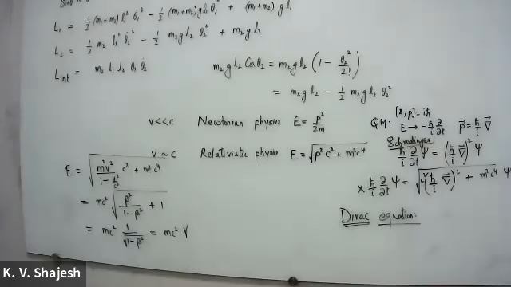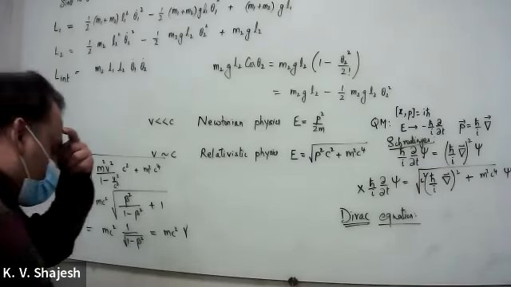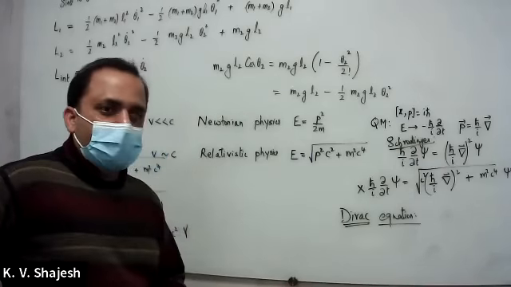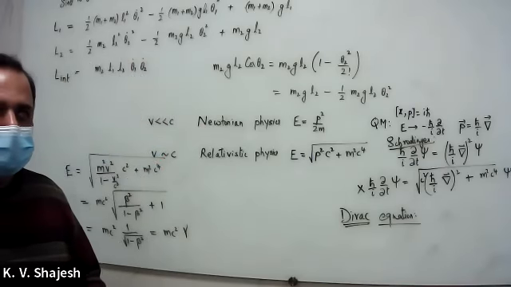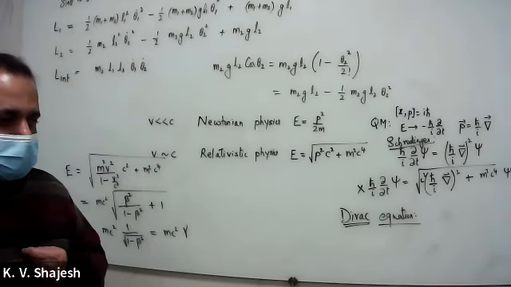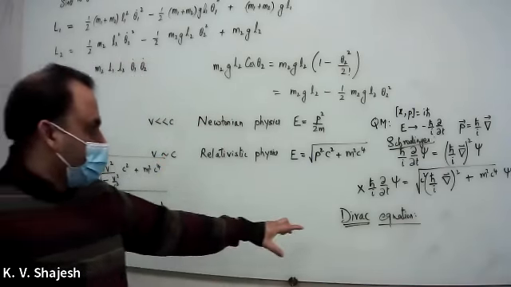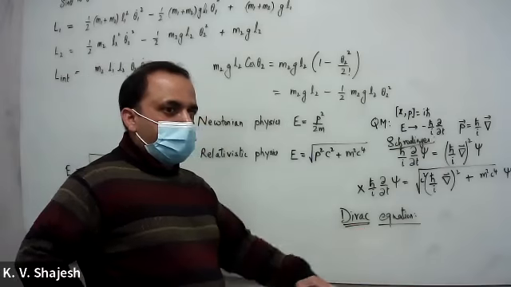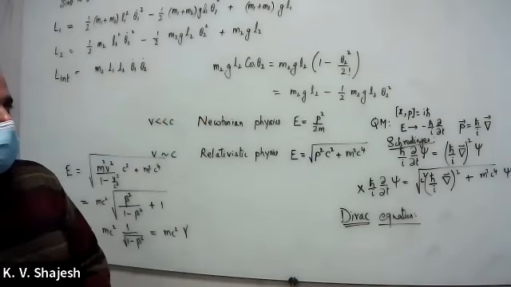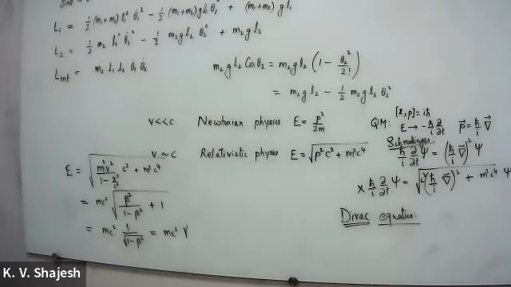Also very interesting. The most interesting part is that the spin of a particle, which has no origins in classical physics, becomes very natural in the Dirac equation. In the Dirac equation, spin is inbuilt. So what is the spin of a particle?